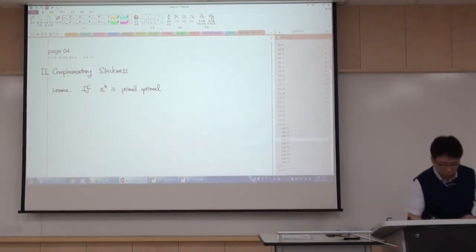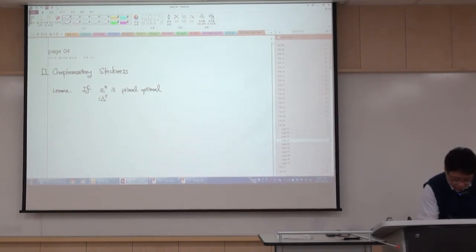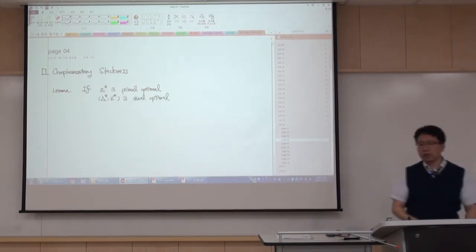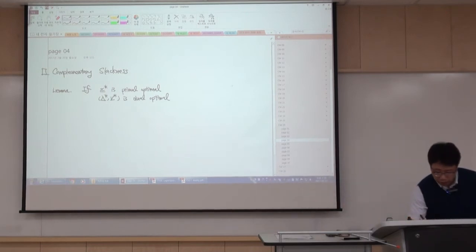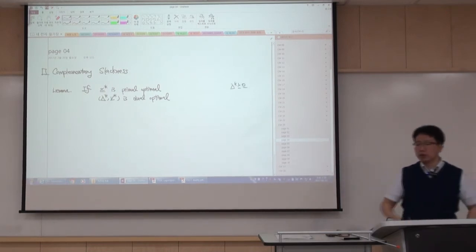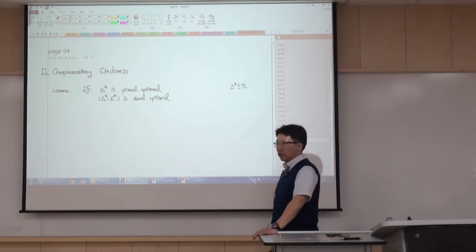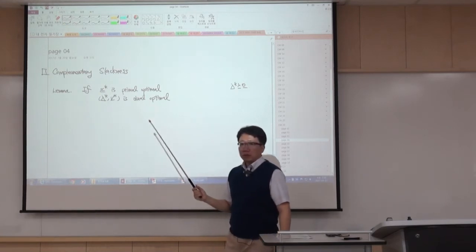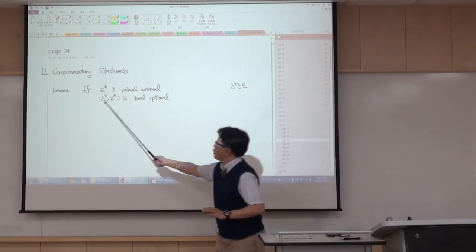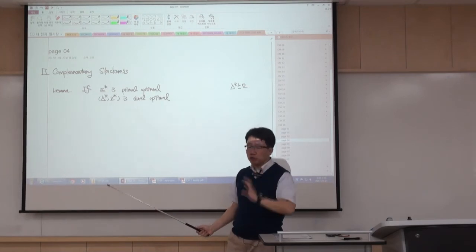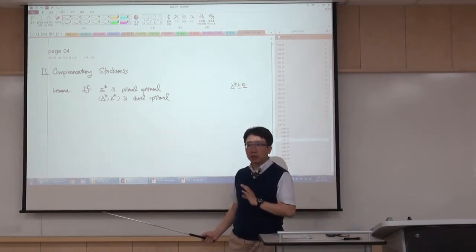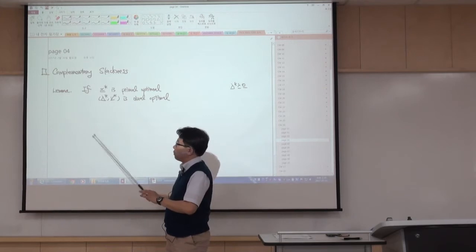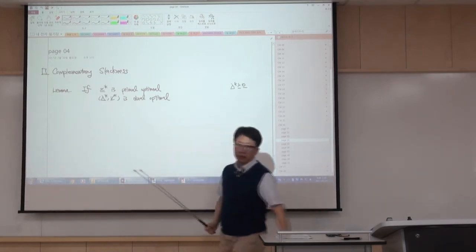Second, lambda star, nu star is dual optimal. What does that mean? This lambda star is greater than or equal to 0, according to our definition of the Lagrangian dual function. And this pair is an optimal solution of the dual problem. Got it? So we assume that there is a primal problem given and we derive the dual problem.